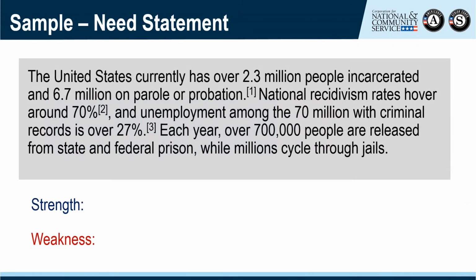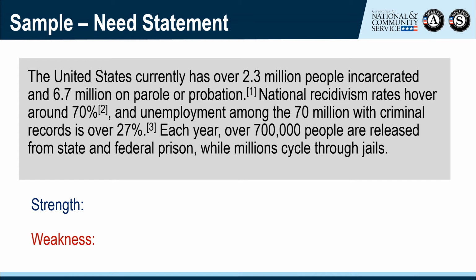Here is a sample taken from the need statement of an actual concept paper. See if you can find at least one strength as well as one weakness. The United States currently has over 2.3 million people incarcerated and 6.7 million on parole or probation. National recidivism rates hover around 70%, and unemployment among the 70 million with criminal records is over 27%.